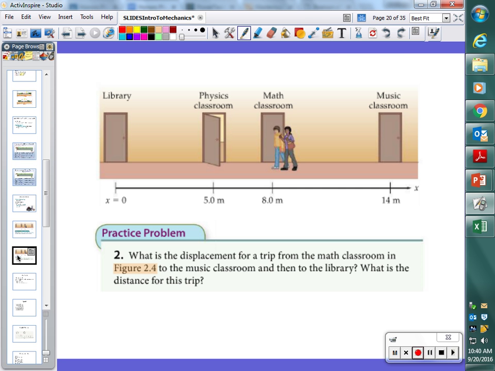What does it say? Where are they starting from? 30 seconds.